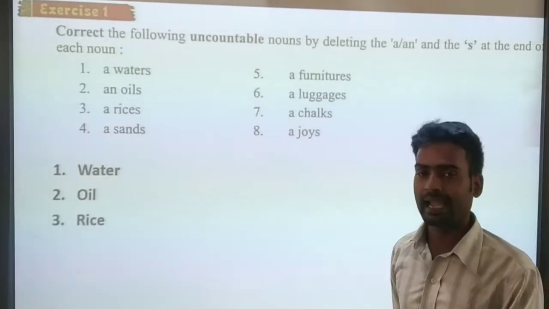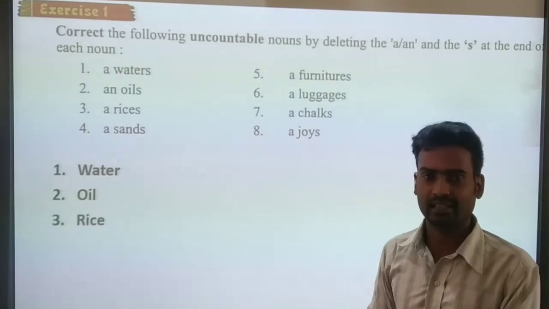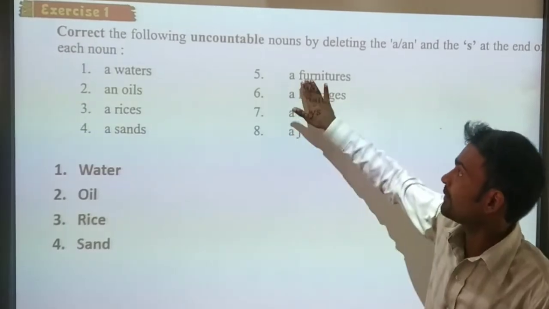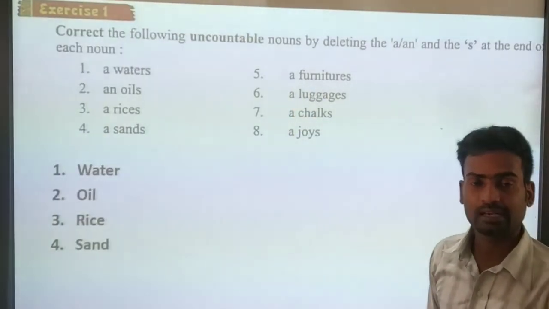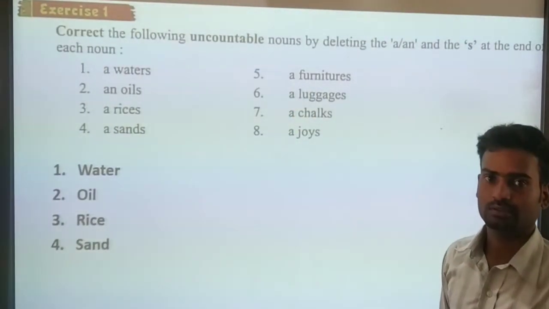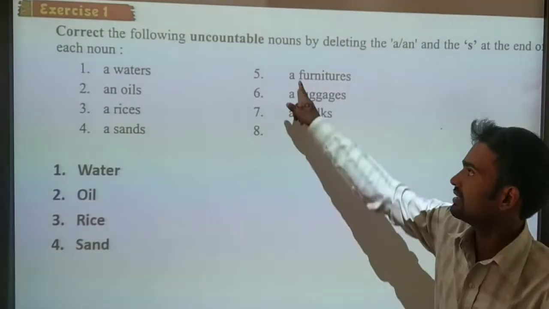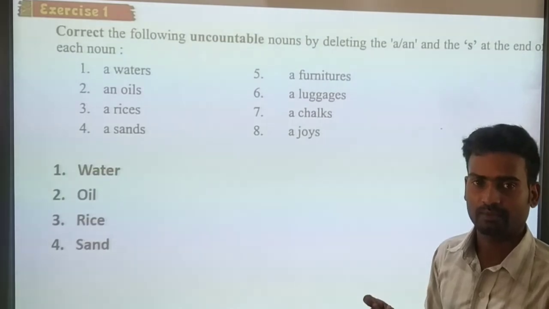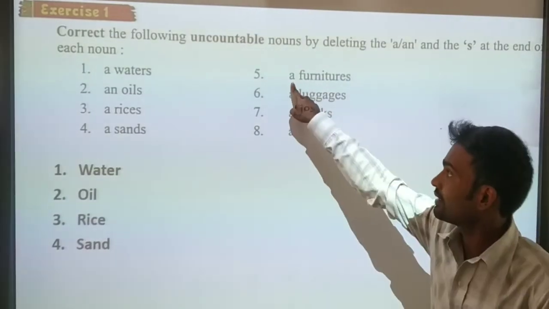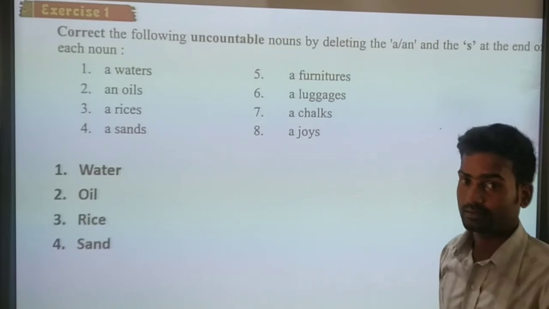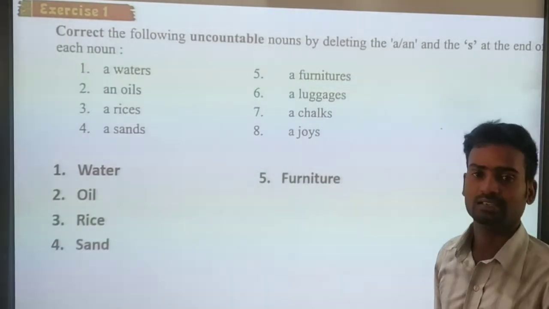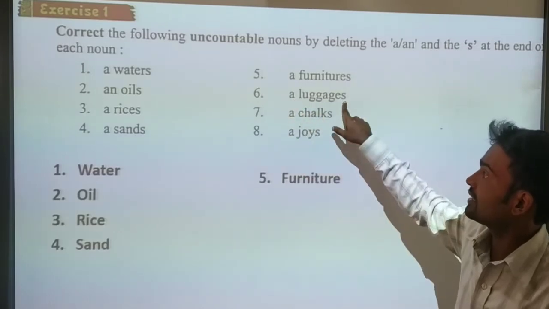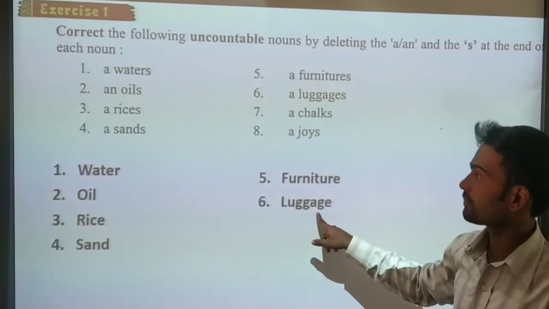The next one, sands. You cannot say that, right? Sand is the correct one. The fourth one, furnitures, which comes under uncountable nouns. A means one, it is countable, so it is a mistake. We have to remove A as well as S. Furniture is the correct one. The same way, luggages: we have to remove A and S. Luggage.